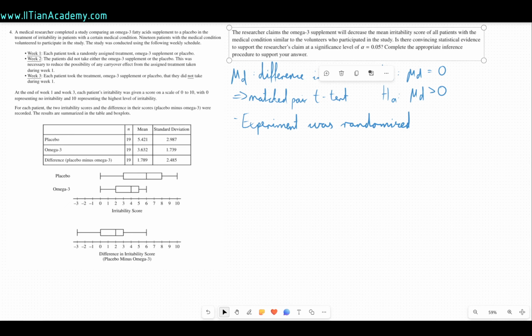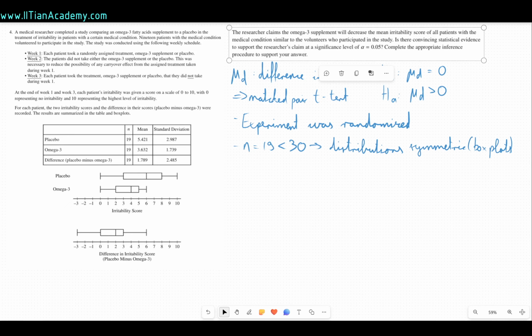We can also say that the sample size, n equals 19, is smaller than 30. However, the distributions are symmetric on the box plots. We can see that approximately 50% of the data are equally distributed, and the lengths of these segments are approximately constant.